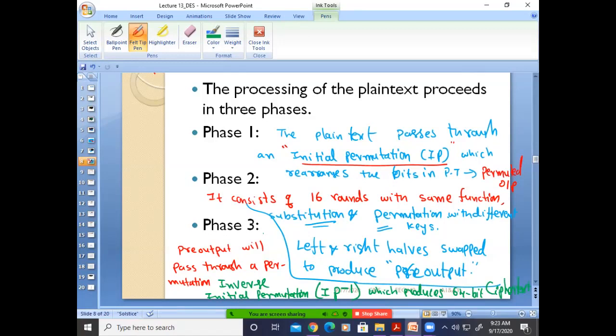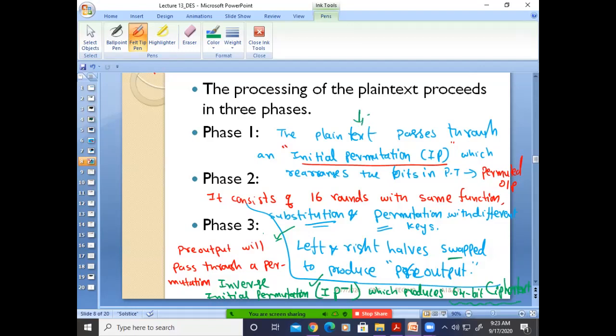Right? So very simple. The output coming after the 16 rounds and the swapping, that output or pre-output, will pass through a permutation again, denoted by IP inverse, the inverse initial permutation. So here it will produce the 64-bit ciphertext.